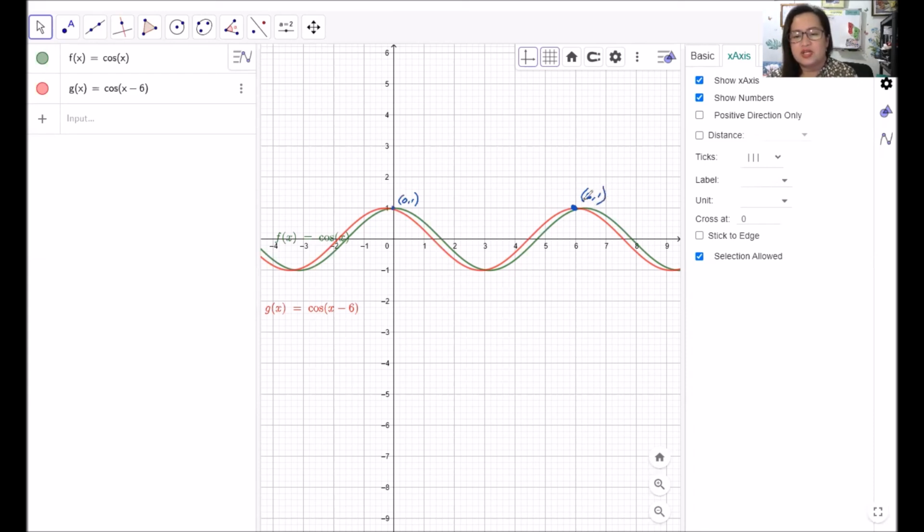So we get the difference, 6 minus 0, then that will be 6. Therefore, the graph of the function is shifted horizontally to the right 6 units. The domain and the range are still the same. The amplitude is the same. The period is the same. Only that it was shifted to the right by 6 units.